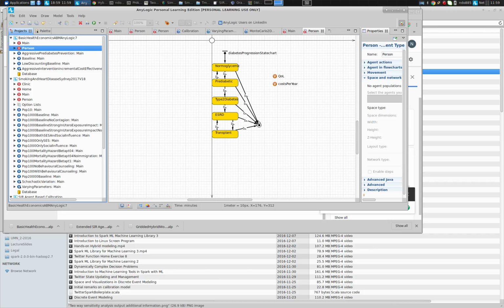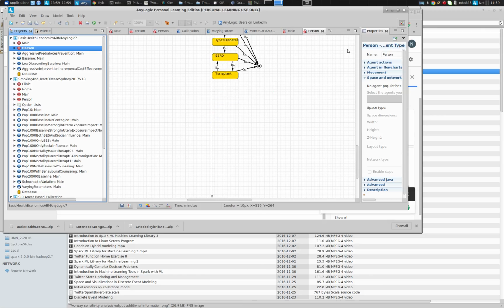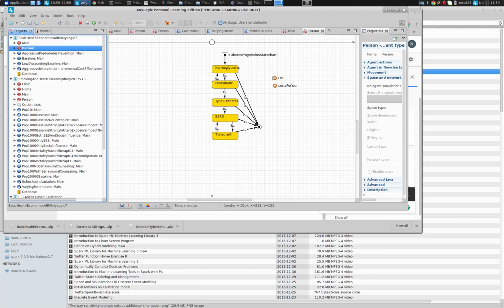Okay? More than that, we have associated with each individual another aspect of their state which concerns, while they're in a given state, their quality of life, a health-related quality of life indicator, perhaps listed in some utility scale, and a certain dollar cost per year for being in that state, right?